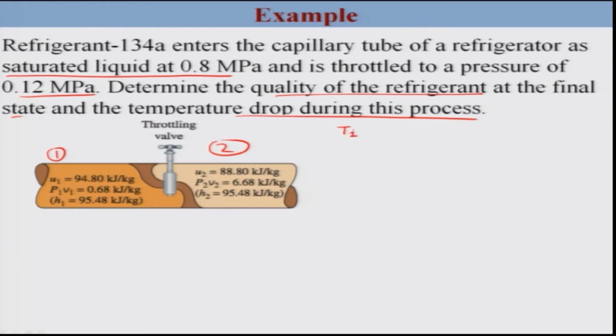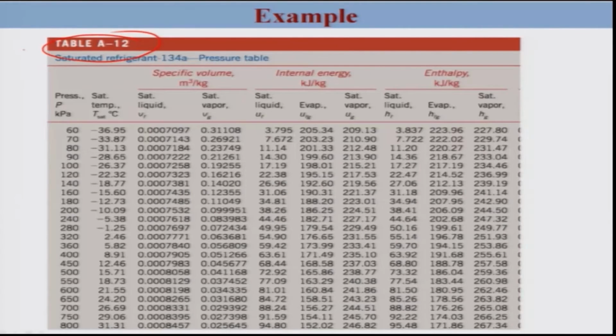Now, we will start with the temperature at 1. State 1 is saturated liquid, so this is equivalent to Tsat at 0.8 megapascal, which is nothing but 31.31 degrees C from the table. This table is given in A12, and this is your 0.8 megapascal, the saturation temperature corresponding to 800 kilopascal.